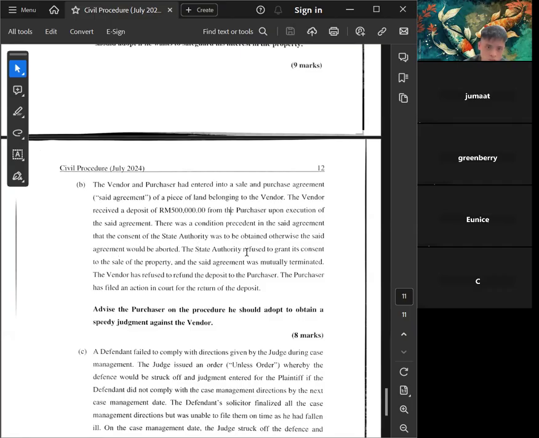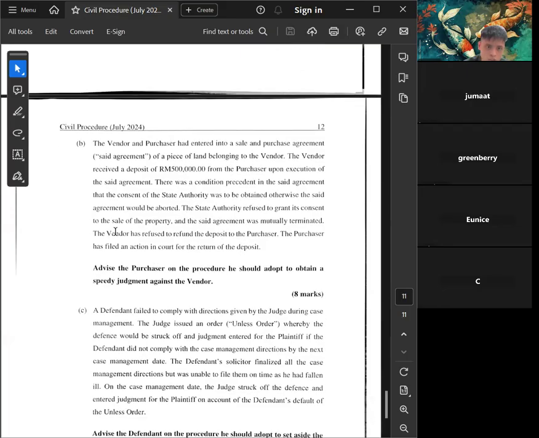Now the state authority refused to grant the consent. Then the agreement was mutually terminated. The vendor has refused to refund the deposit to the purchaser. Purchaser filed an action in court for return of the deposit. Now advise the purchaser on the procedure that he should adopt to obtain a speedy judgment against the vendor. So I guess you all would know which order is concerned, right?